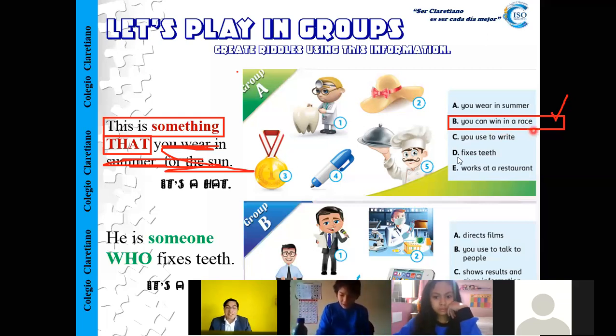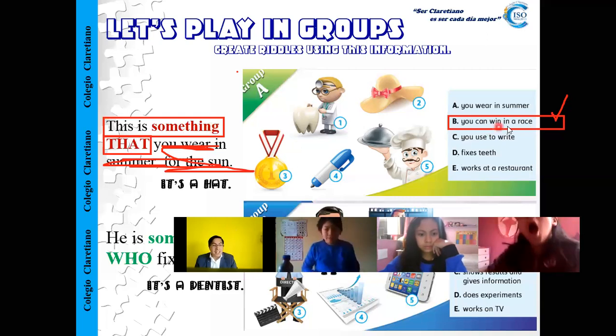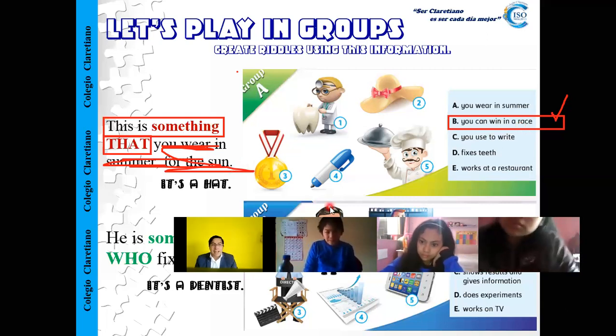Thank you. You see, this is a riddle, no? This is something that you can win in a race. What is this? Megan, tell me, please, what is this? A medal, no? You see, it's a medal.